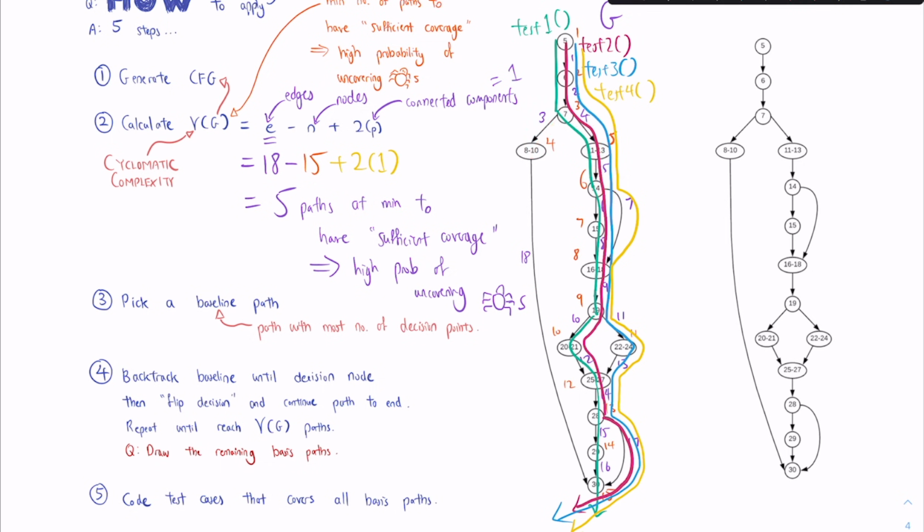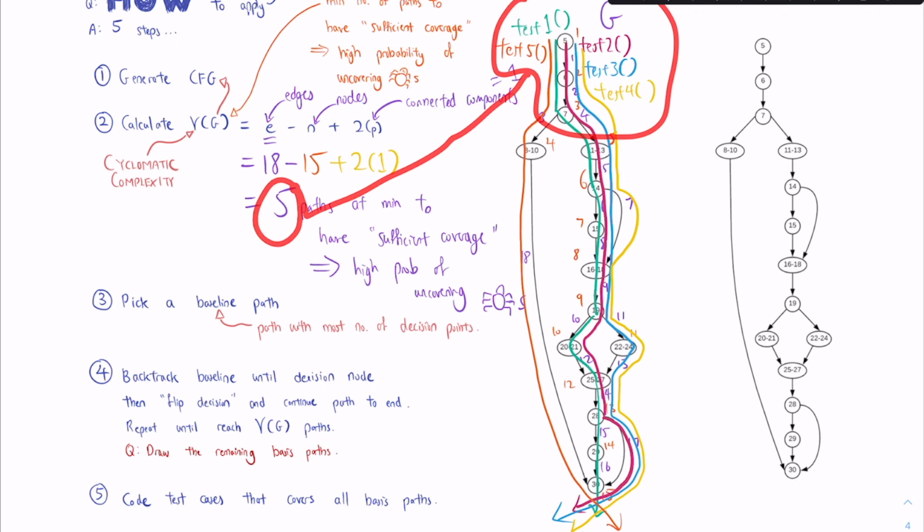So that's what we will do. Start from here and this way. And this is test 5. And we are done because the total number of tests here equals the number of tests we are aiming for, which is this number 5.